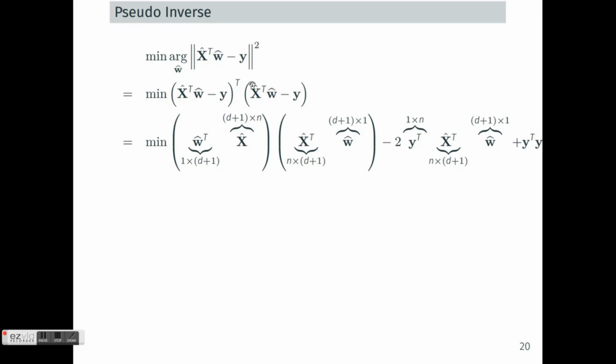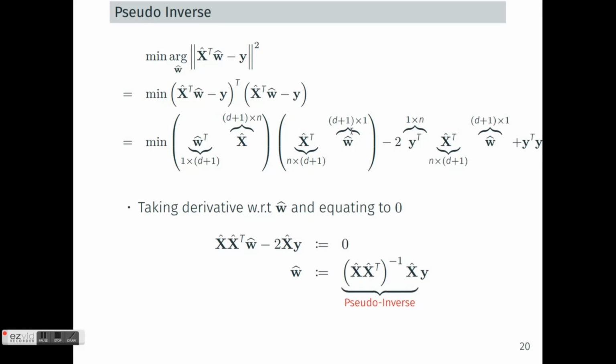Opening this product of these two vectors, it can be expressed like this. For each vector or matrix the dimensions are given, and you can see that the rules for matrix vector multiplication are not deviated.